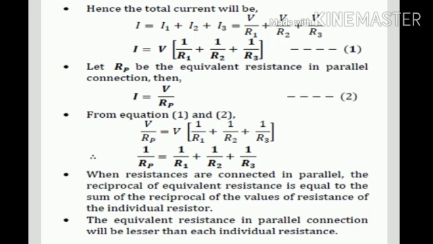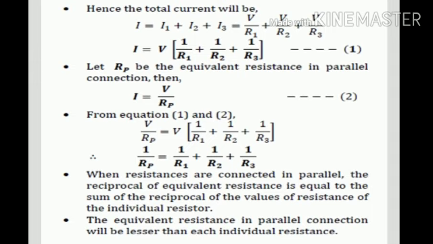We will get I is equal to V into 1 by R1 plus 1 by R2 plus 1 by R3. Let Rp be the equivalent resistance in parallel connection, then I is equal to V by Rp. From equations 1 and 2, we can write V by Rp is equal to V into 1 by R1 plus 1 by R2 plus 1 by R3. Here V is cancelled.